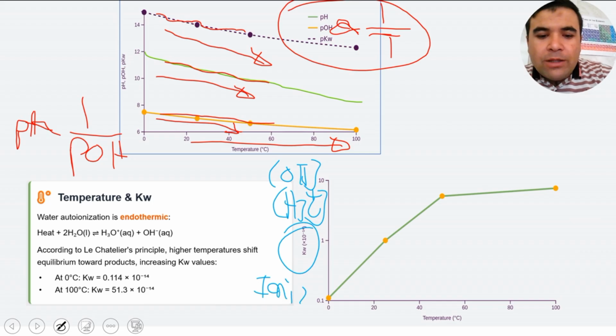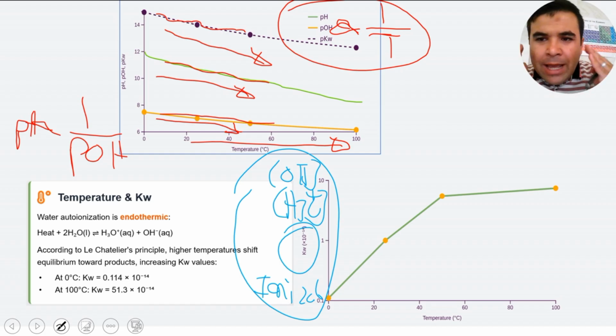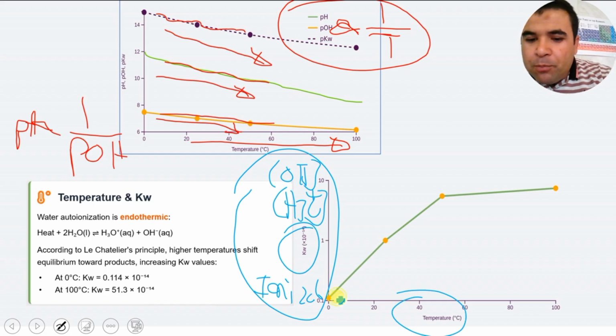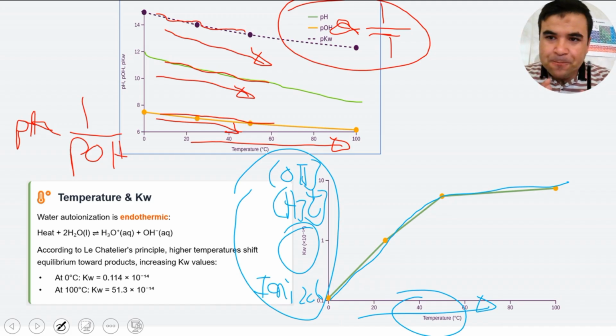These 4 quantities, hydronium concentration, hydroxide concentration, Kw, and ionization degree, are all directly proportional with temperature. As temperature increases, those values increase.